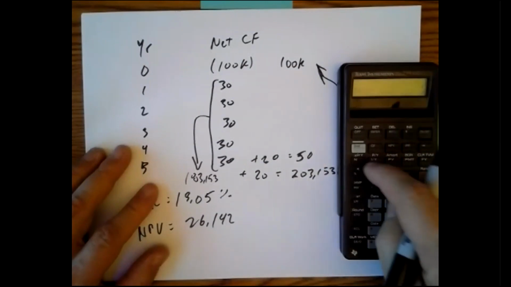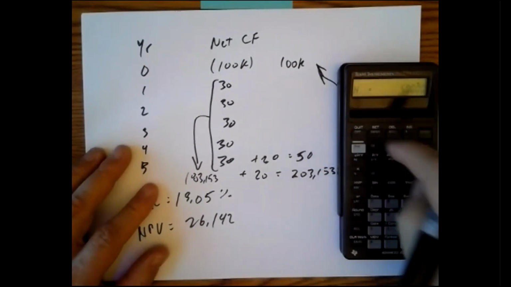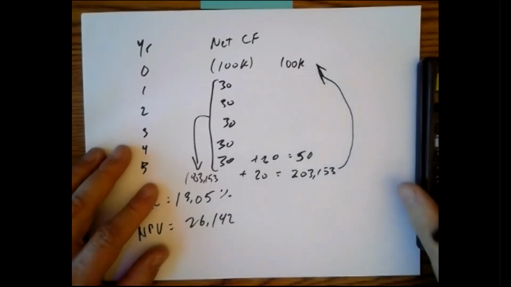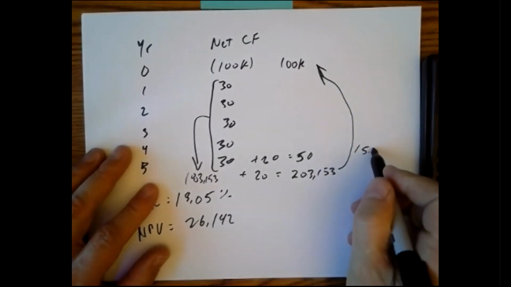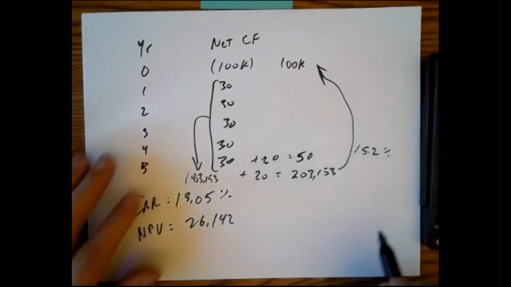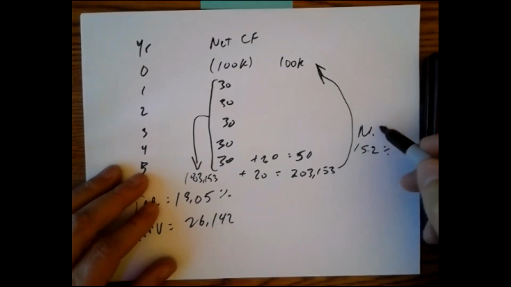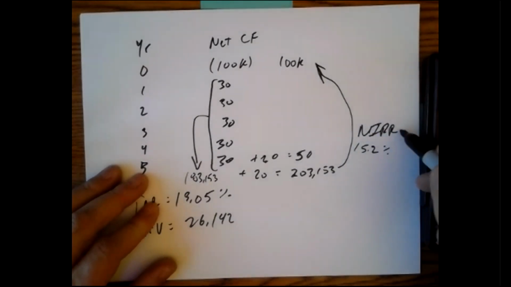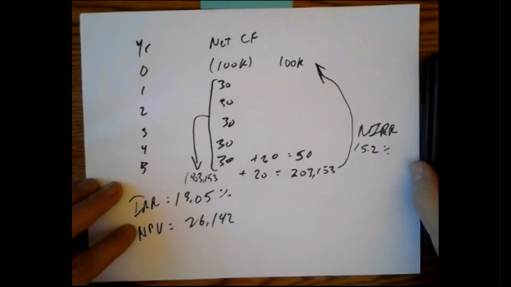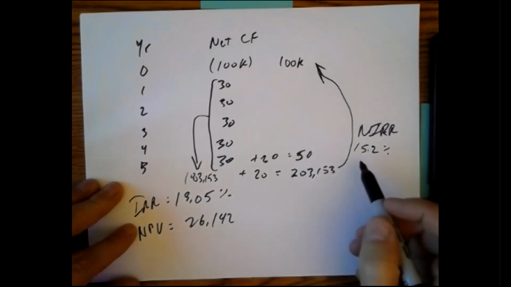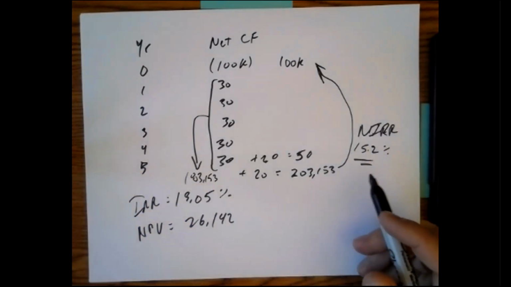We have 5 years, and we just say compute interest rate per year, and that's 15.2%, which is our MIRR. Okay, so now we've got the MIRR, sorry for the messy writing, is 15.2%.